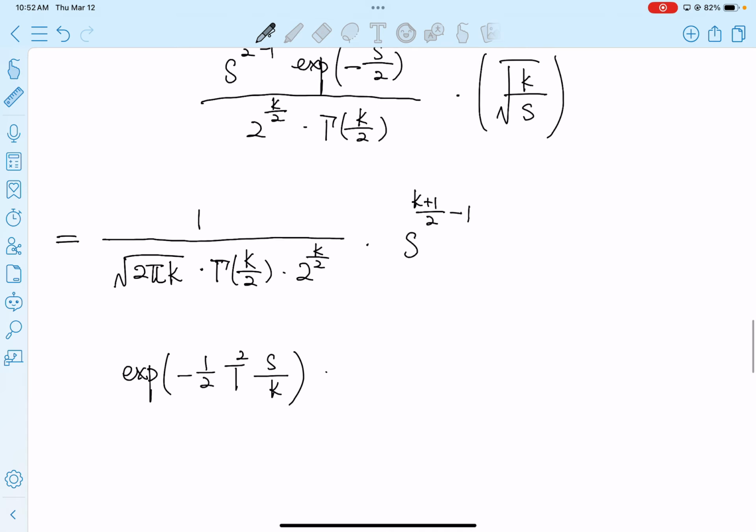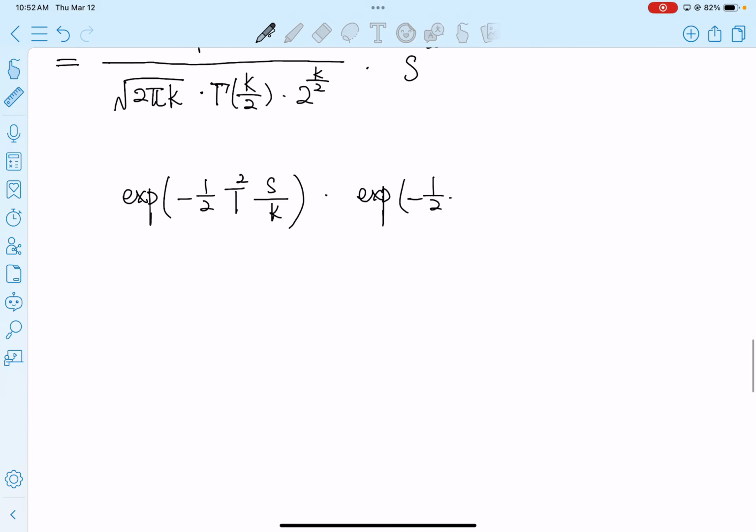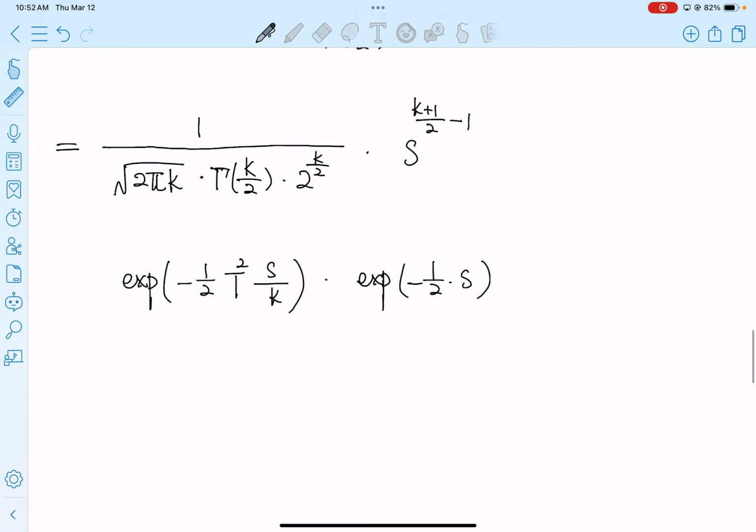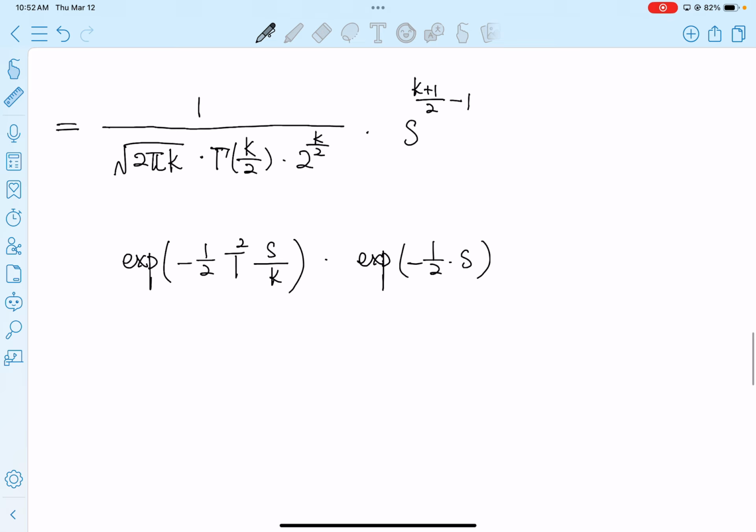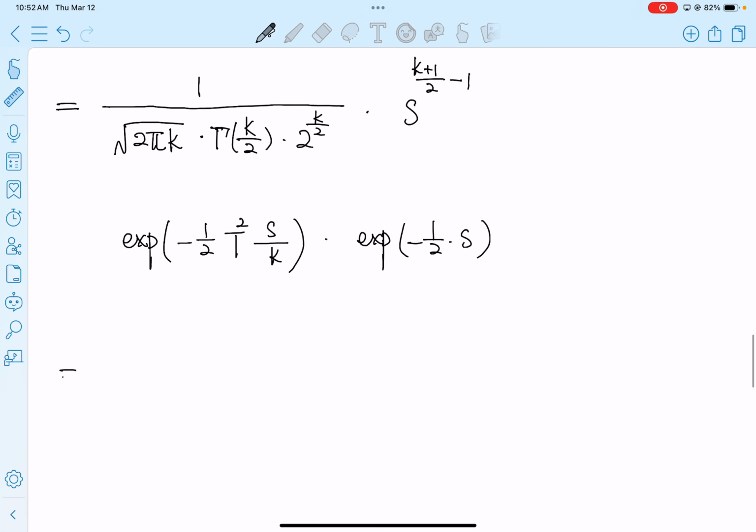Okay, multiplying by the exponential negative 1/2 and then the s. Now we have e raised to the power of a and then e raised to the power of b. When they take the product, it's e of a plus b. So we need to sum the 2 powers together. Any question up to this point?